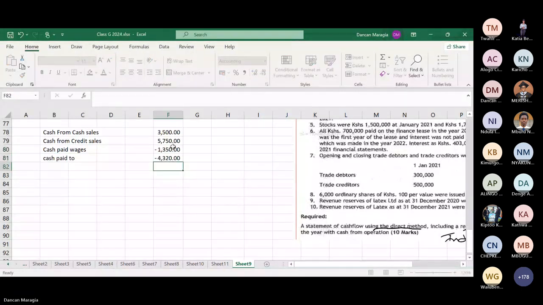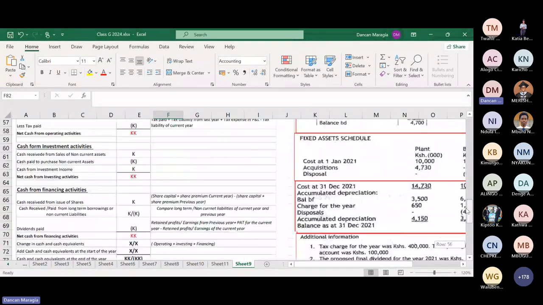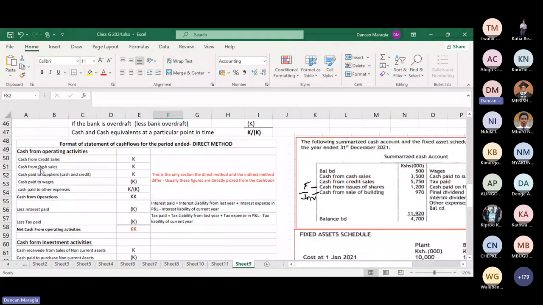Remember, we need cash from credit sales, cash sales, suppliers, wages, and other expenses to get cash from operations, before we go to interest paid and tax paid.